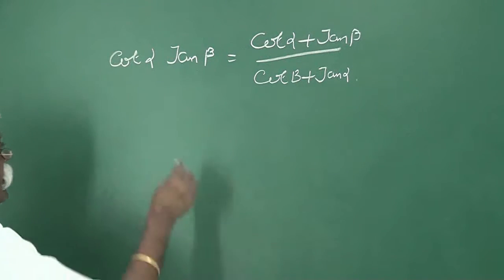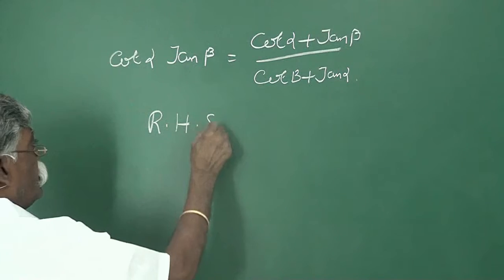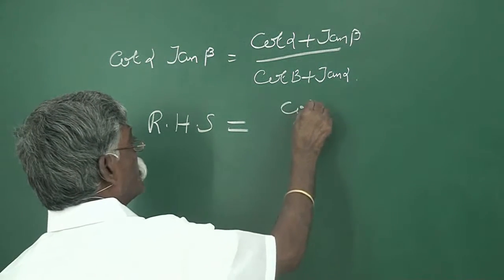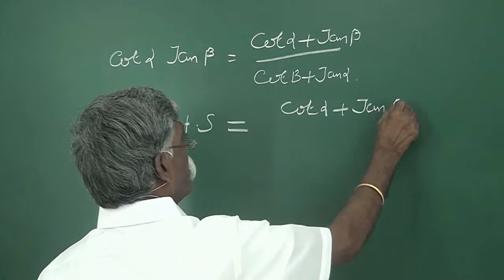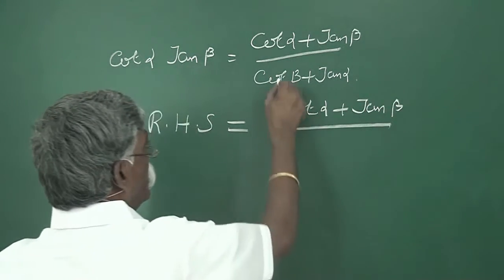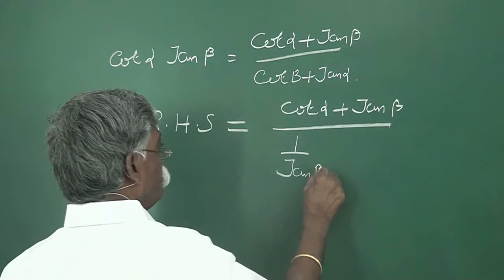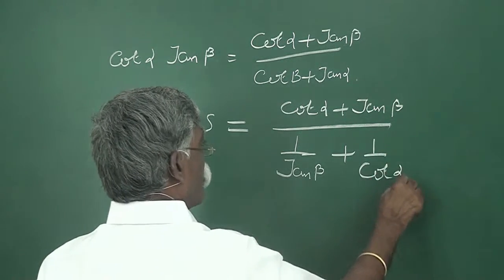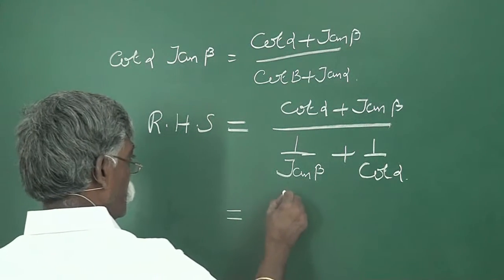Therefore, let us take RHS. The numerator, we will keep as it is, cot alpha plus tan beta. By this cot beta, we will write it as 1 by tan beta, plus this is 1 by cot alpha. Now we will take the LCM.